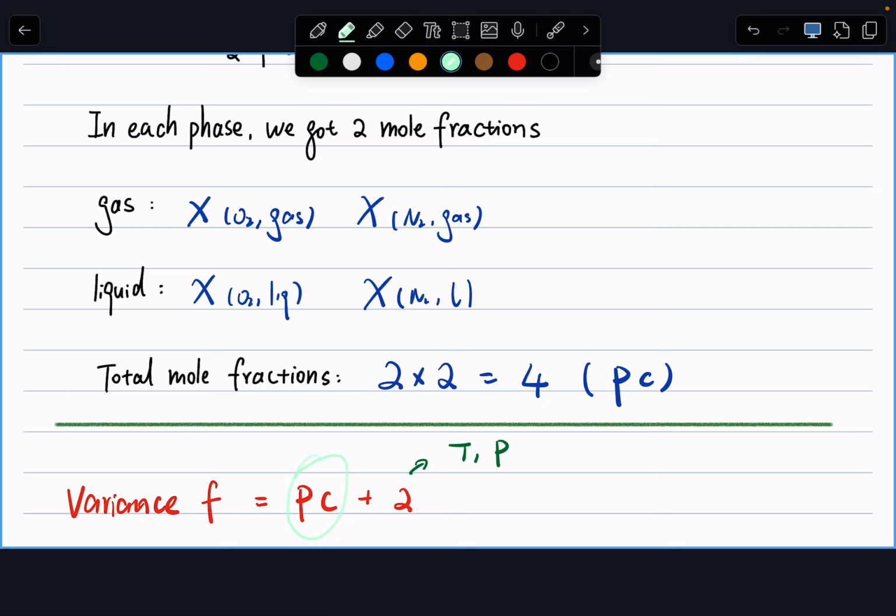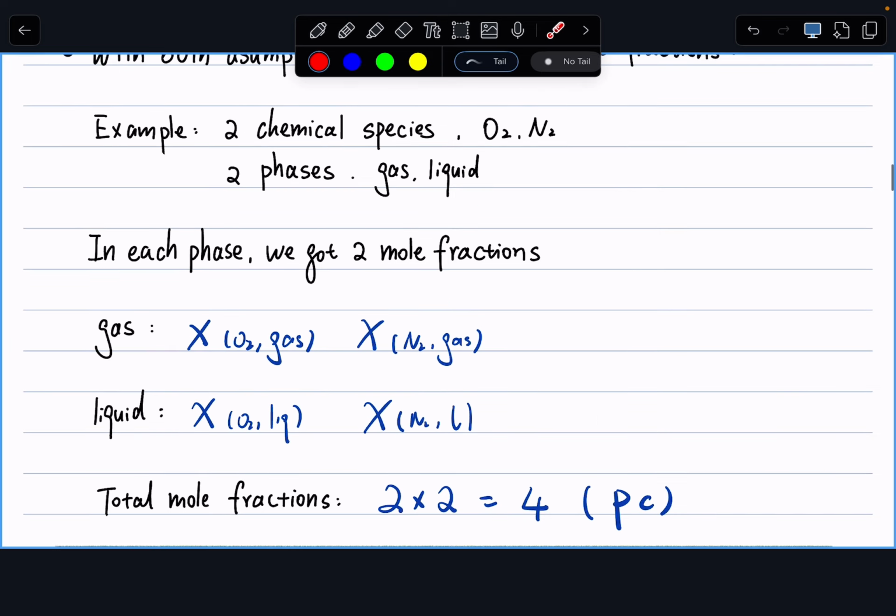We're talking about two different phases that are all in equilibrium with each other, right? So when my oxygen in gas phase and my oxygen in liquid phase are in equilibrium with each other, we went over before when we were discussing phase equilibrium that their chemical potential must be equal to each other when they're in phase equilibrium.